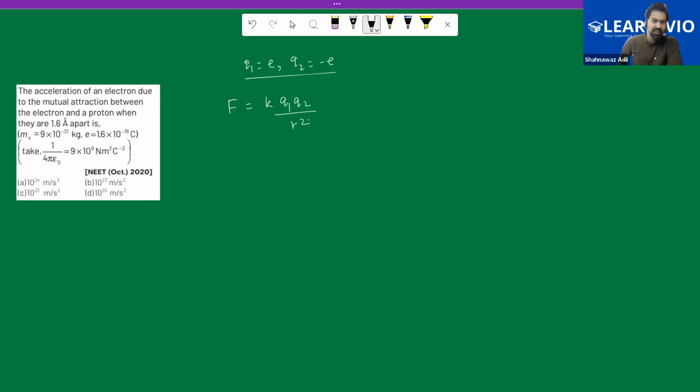The separation is given, and we want to find out the acceleration. We know that this force is related to acceleration as ma, and this is k q1 q2 by r square. We are calculating the acceleration of the electron, so we have to take the mass of the electron.